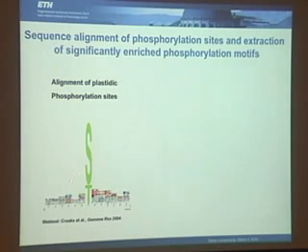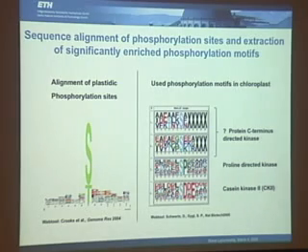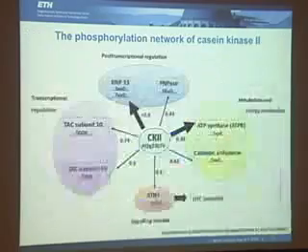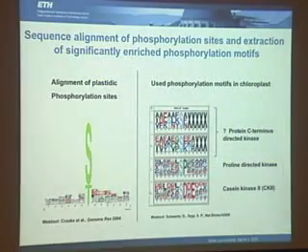Here you see that when you align plastidic phosphorylation sites, there's a serine and threonine that is very dominant. And you can then drive this information further and ask, are there different types of signatures, and how do these signatures relate to what we know about specific kinases?